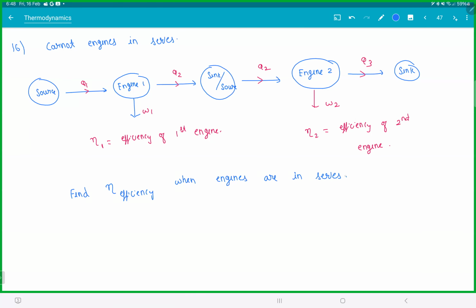What if there are 3 engines in series, 4 engines in series? We'll get a sequence. First, let's get this. It's a very interesting sequence.